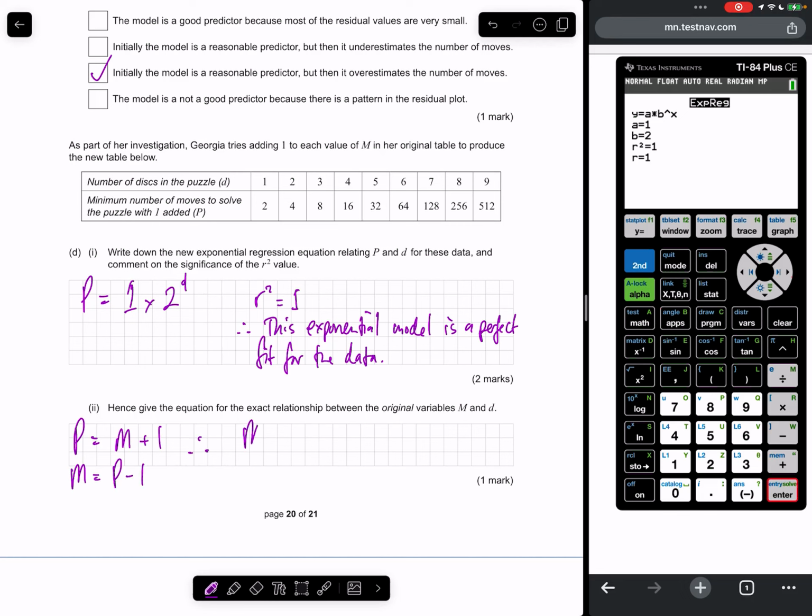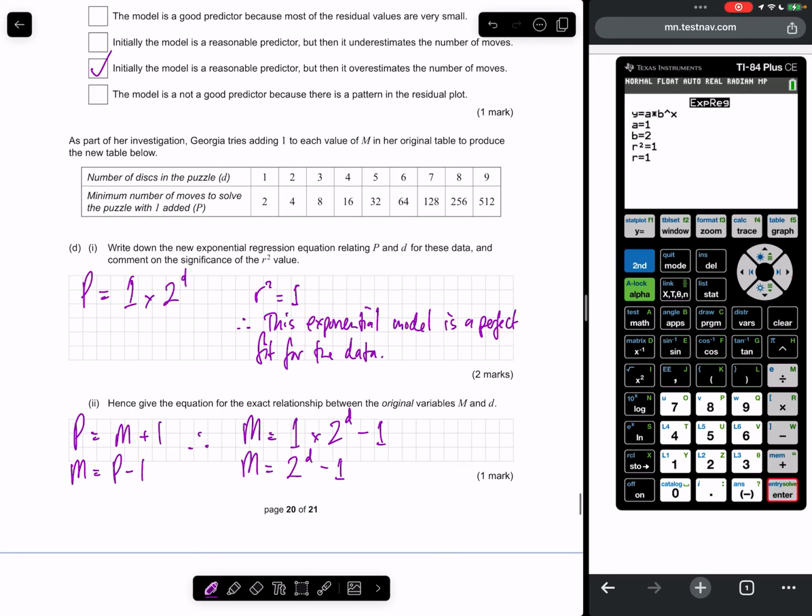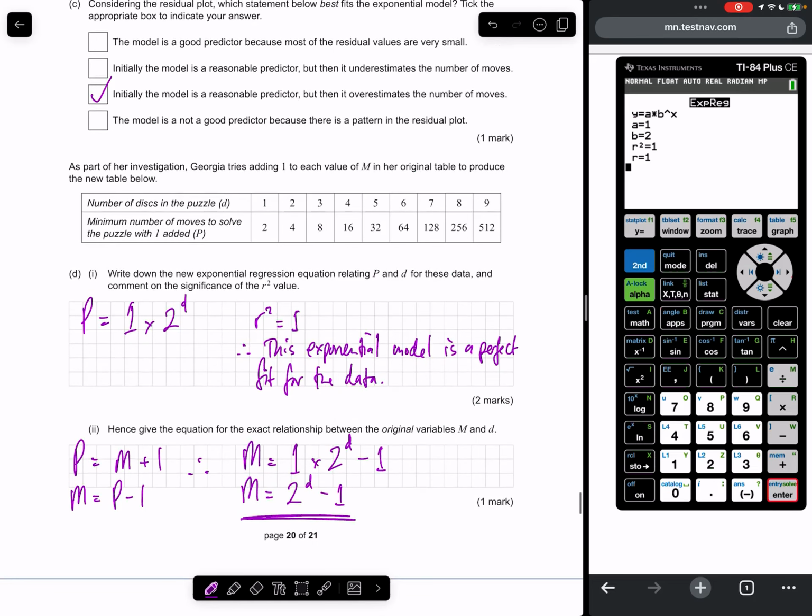Therefore, M is going to be 1 times 2 to the power of d take 1. 1 times anything is itself, so it's going to be 2 to the d take 1. Okay, so that is the equation for the exact relationship between the original variables M and D.